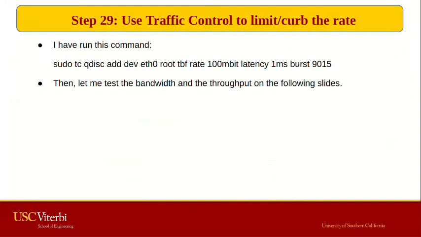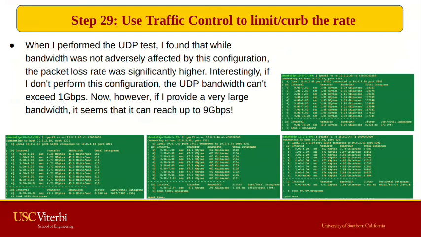So after running this command to curb the rate, if we perform the UDP test, we found the bandwidth was not affected by the configuration, and the packet loss rate was significantly higher than before. I also found a very interesting point.